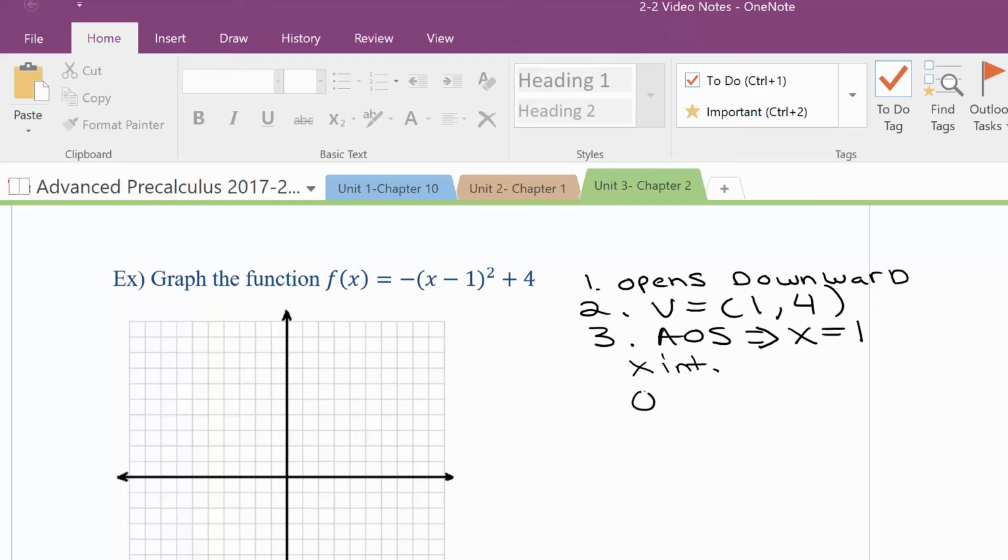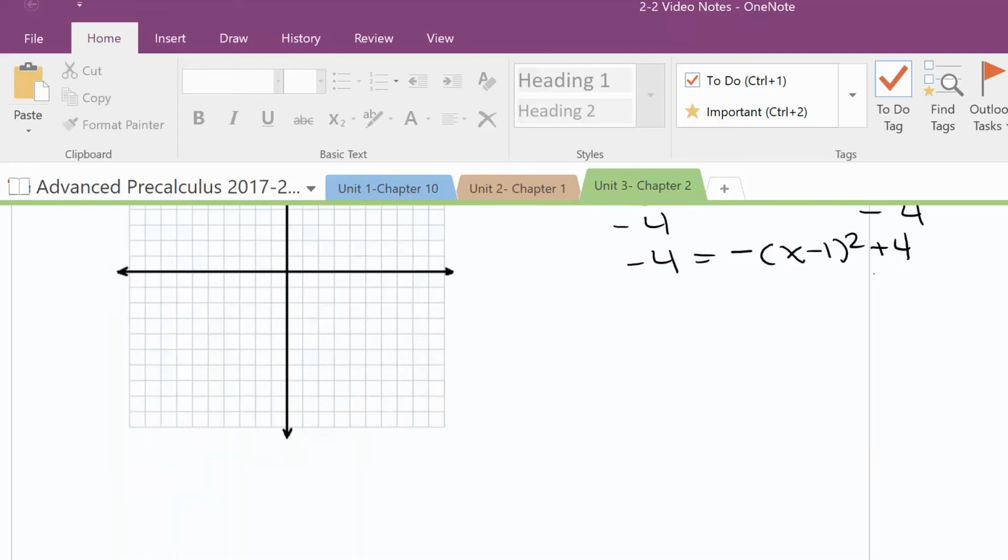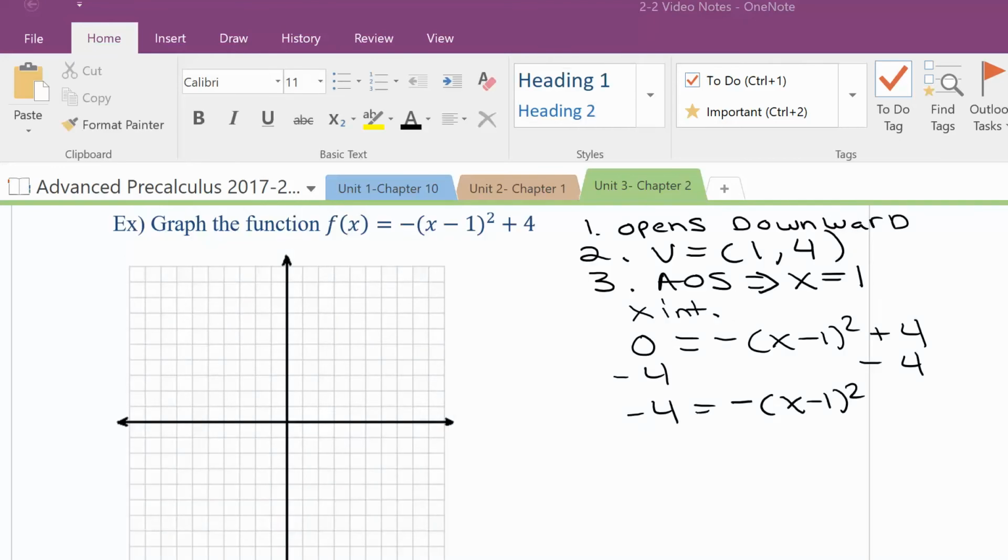so basically I set it equal to 0 and I solve. And then when I subtract 4 here, sorry, rewind that.